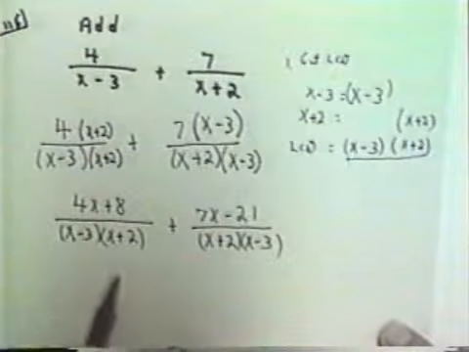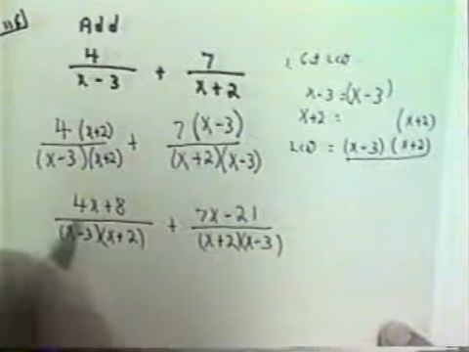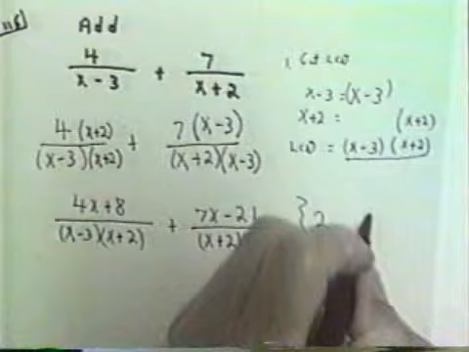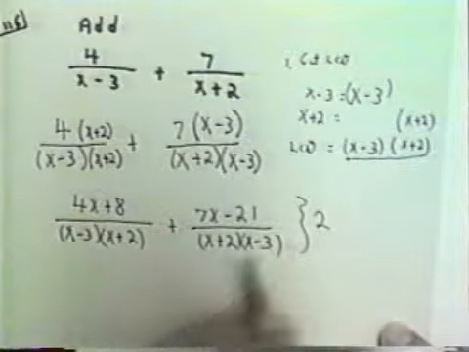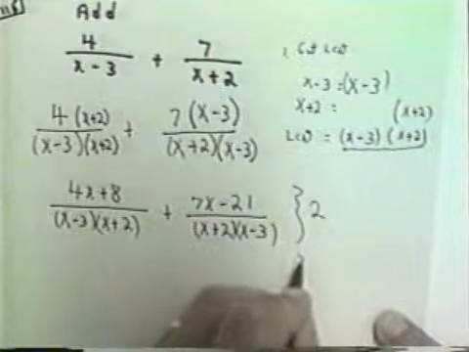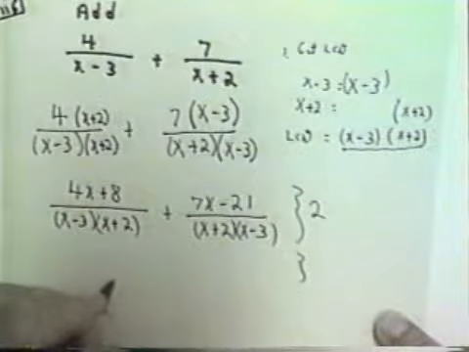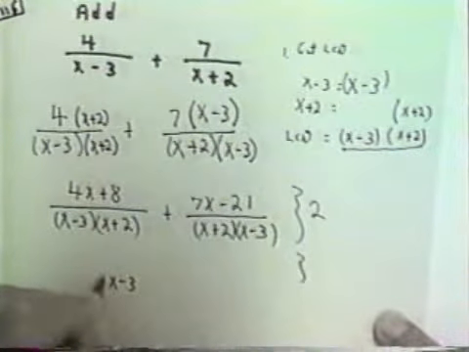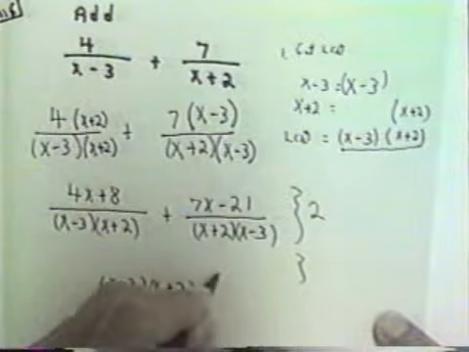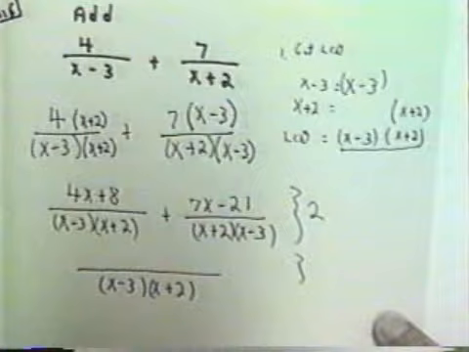Now this was step 2 here, in which we expressed the fractions as equivalent fractions having the common denominator. Step 3 says keep the denominator, x minus 3 times x plus 2, and add the numerators.